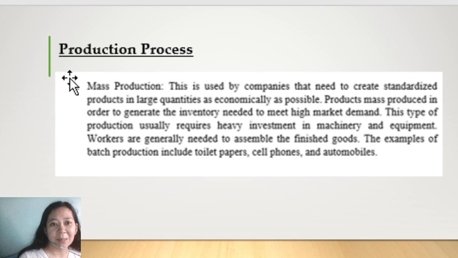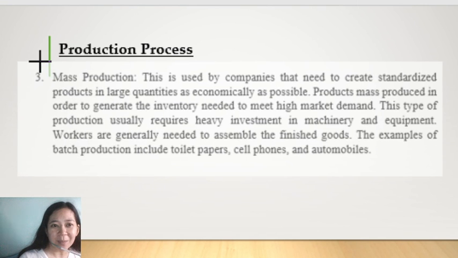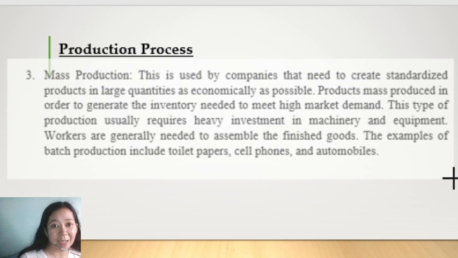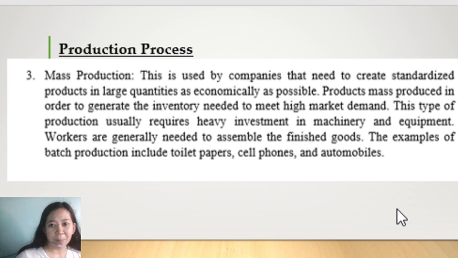The next is mass production. This is the larger type of the second classification. Mass production is used by companies that need to create standardized products in large quantities. Products are mass produced in order to generate the inventory needed to meet high market demand.